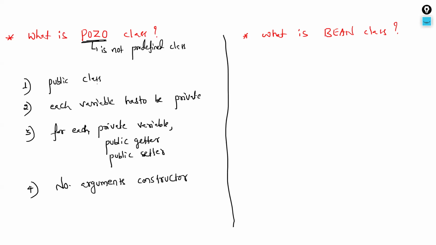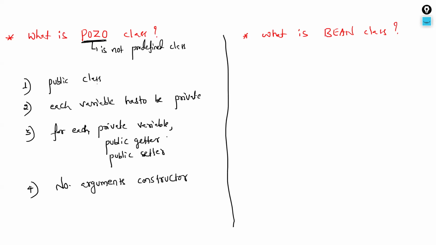It can be a student class, employee class, square class, or rectangle class also. That's the definition. If the question is what is a POJO class: a public class with private variables, with public getters and setters, and with a no-argument constructor is called a POJO class.